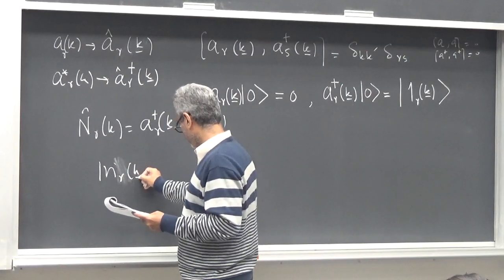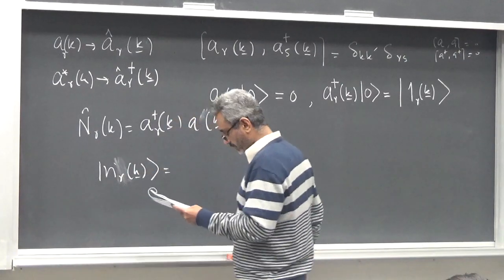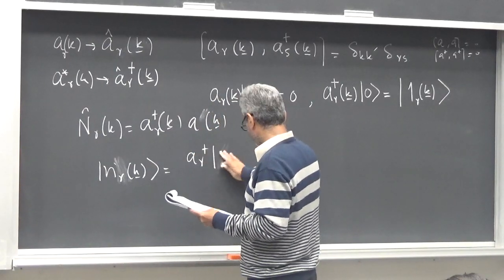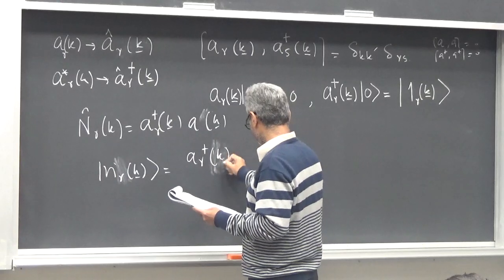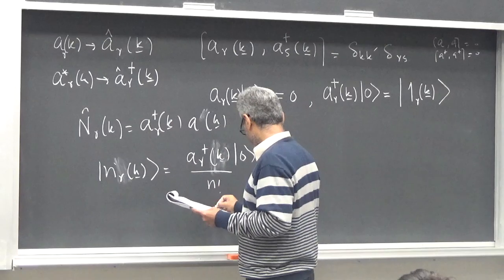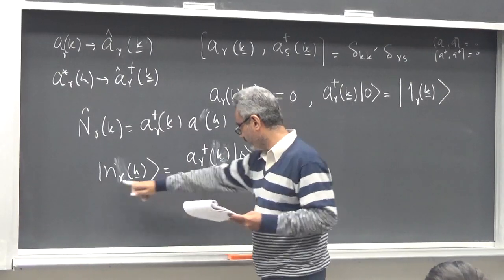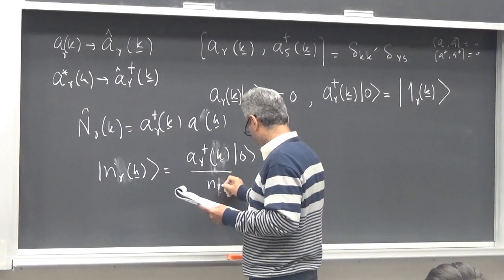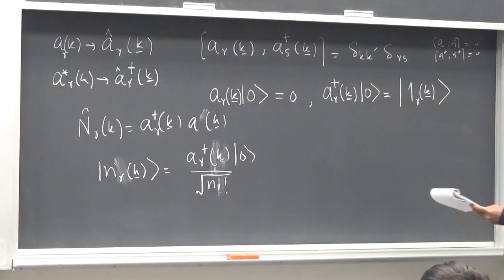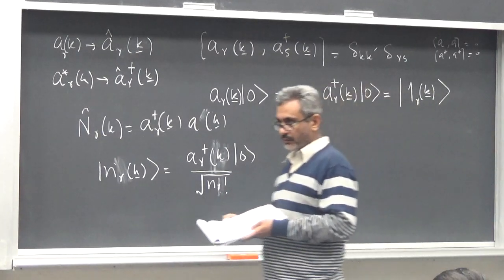N, R, K. These are written as A, R, dagger, K, over whatever this n is, and R. So all of this works on the same polarization, the same mode.